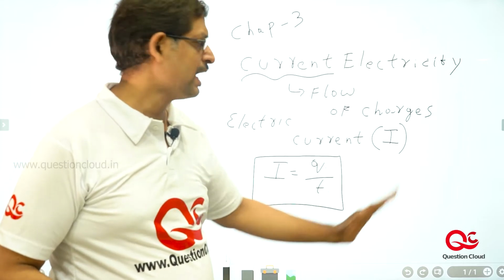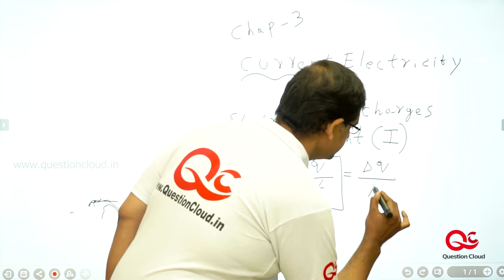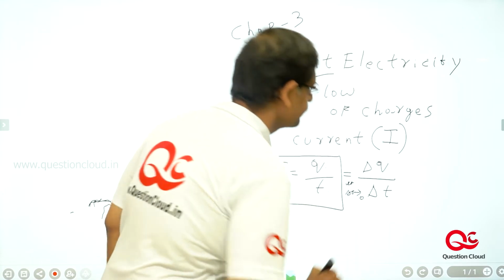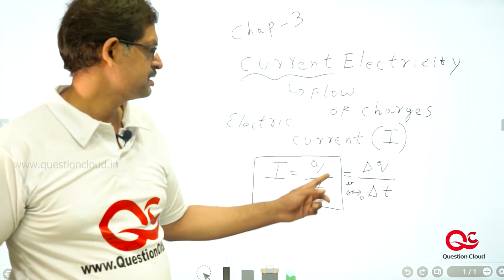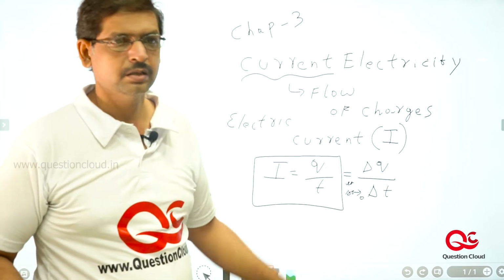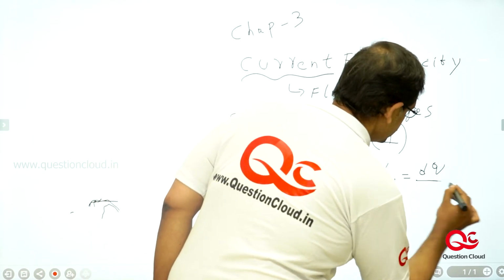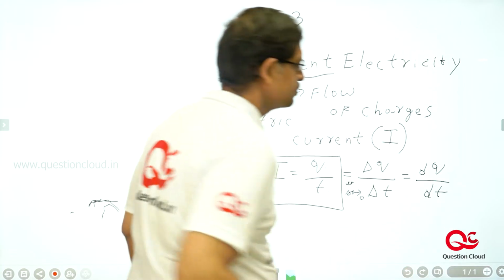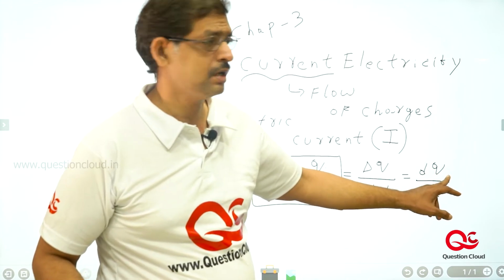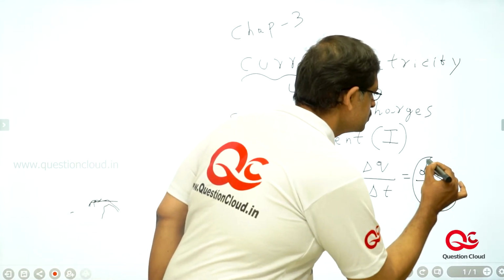For example, it can be written as del Q by del T, as del T tends to 0, that is change in charge by change in time, or in differential form, dq by dt. Whenever you get d by dt, you can use the words rate of. The rate of flow of charges is called current.